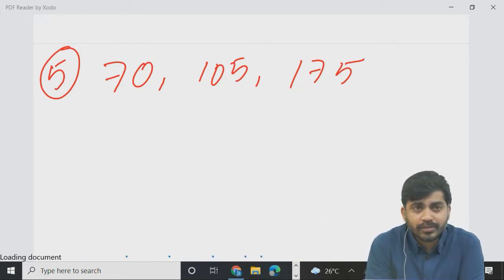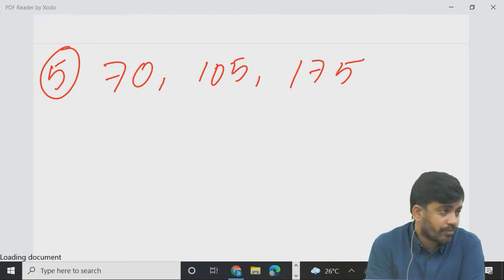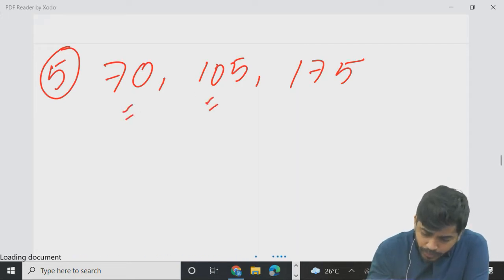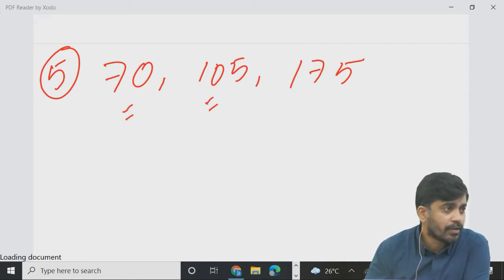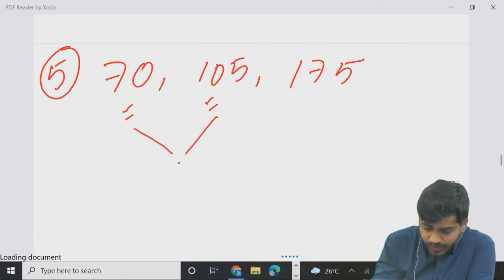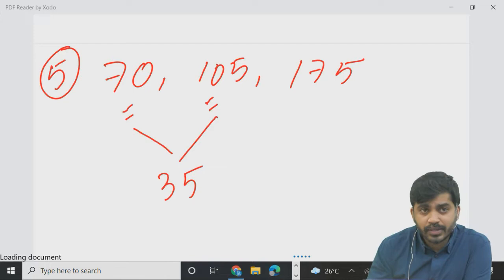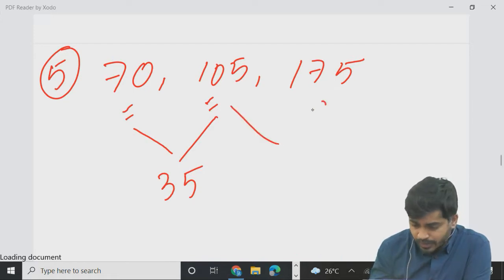So our method is simple. Take the difference between the numbers. Here, take the difference between two numbers. The difference between the first two numbers is 35. The difference between the second number and the last number, that is the third number, is 70.